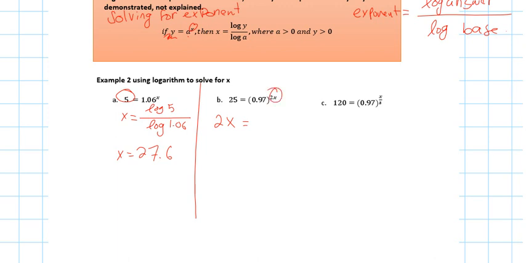If I do log of 25 and divide it by log of 0.97, I'm going to get a negative answer, negative 105.7.